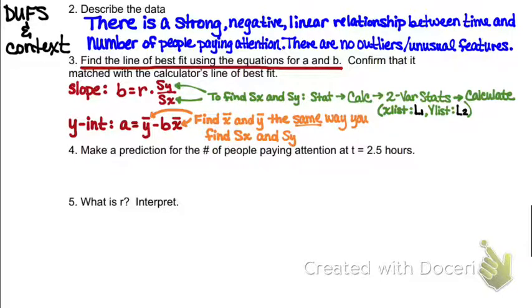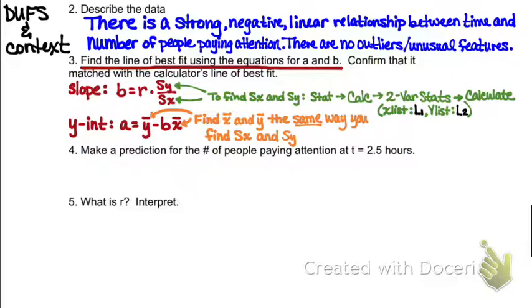Remember, Sx and Sy, these are the standard deviations of our x's and of our y's. So I want you guys to do that on your calculators, find those values, substitute in, and I want you to make sure that what you get for the equation then matches what we wrote up above.